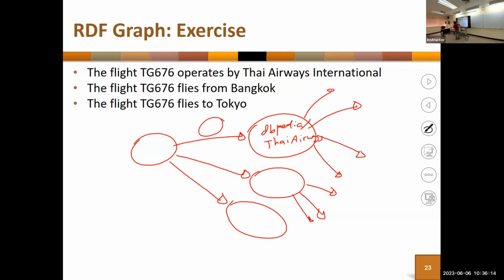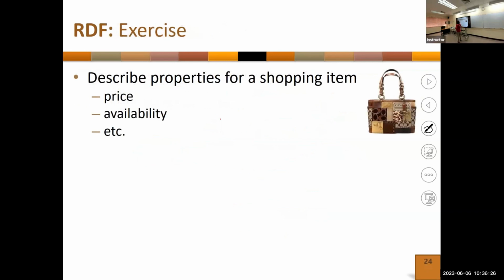Predicate, subject, predicate, object, everything that is supposed to be a resource, they have to be URI.